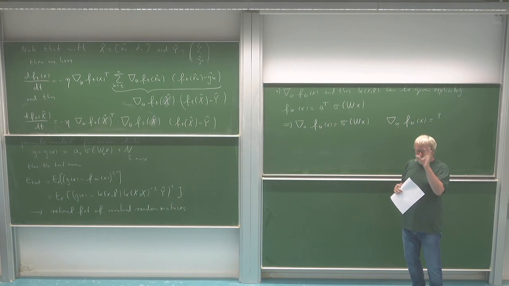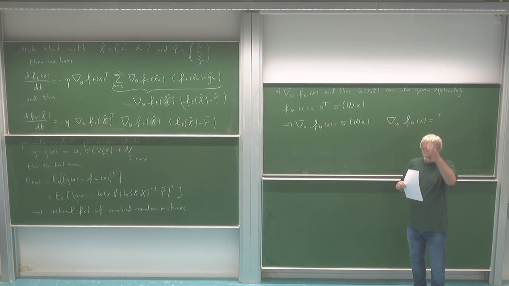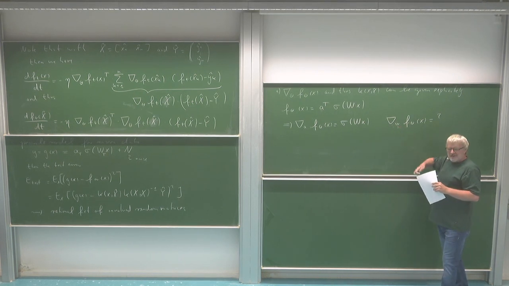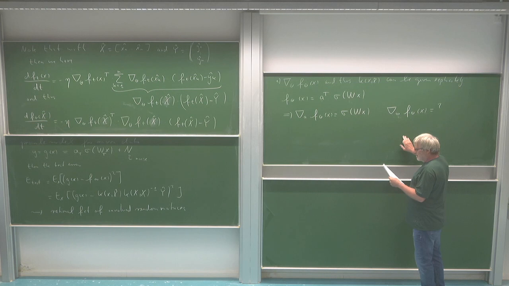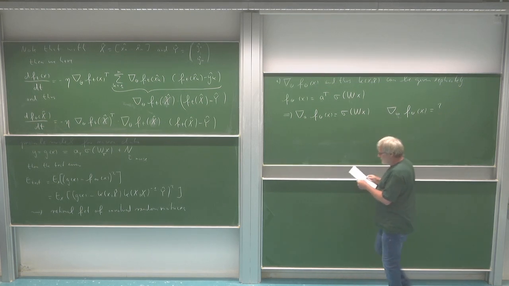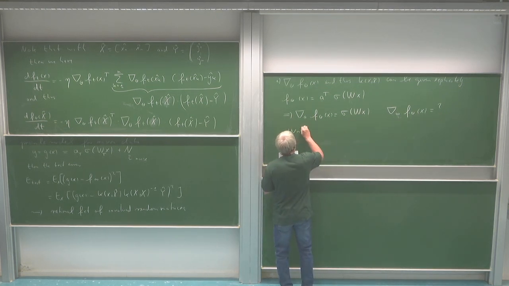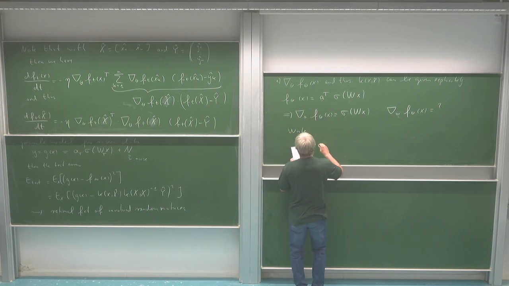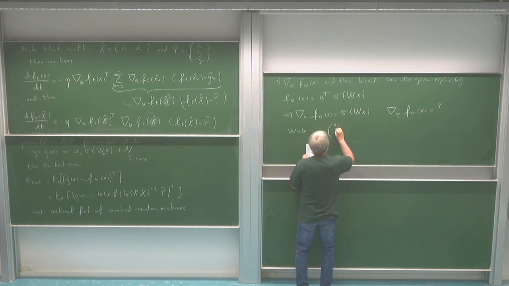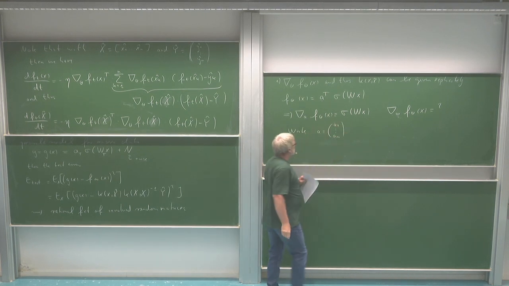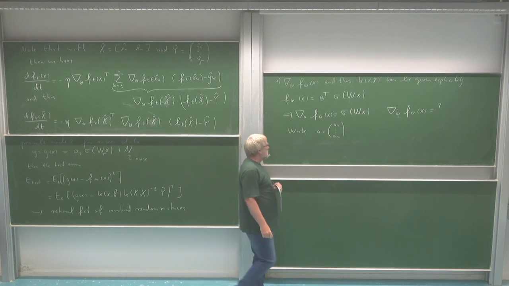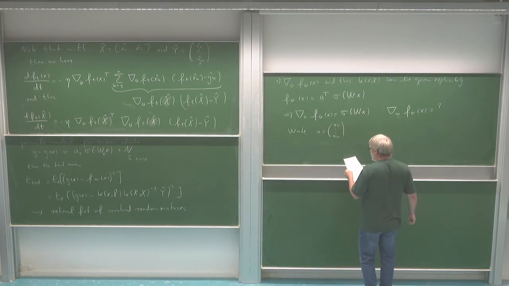The parameters are entries of a matrix, but I consider this matrix as a long vector. And this gradient here, of course, is just a long vector. It doesn't have a matrix form, even though I take the derivative with respect to the entries of a matrix. Okay, so in order to understand this better, it's good to write this in components. A is just an m-dimensional vector, so it just has m real number components, A1 up to AM.